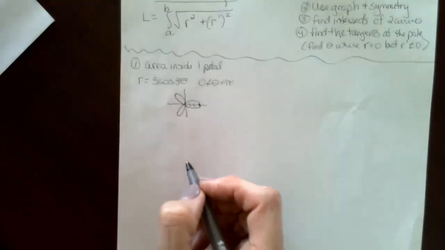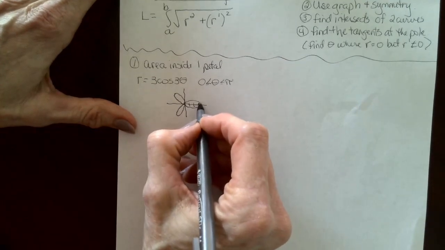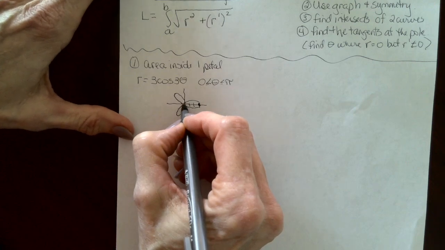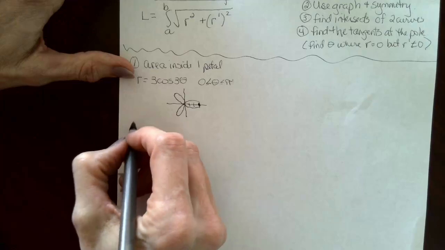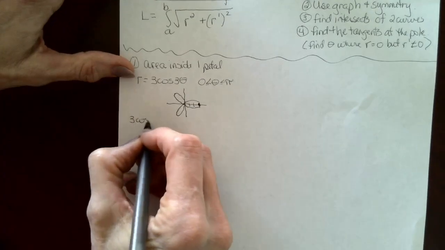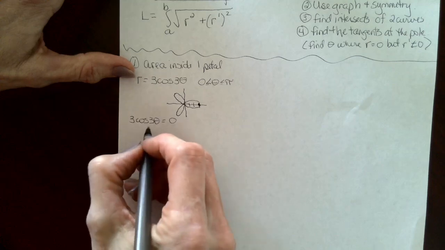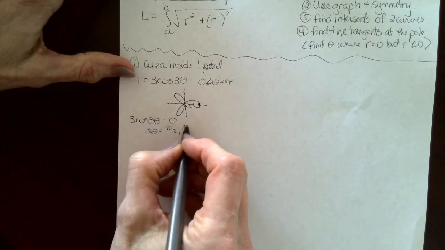For this one, I'm thinking, when we started at 0, that was that point right there. And then at some point, we were at the pole, which was where r was equal to 0. So if we don't remember, let's just set this equal to 0. So 3 cosine 3 theta equals 0. It's when 3 theta is equal to pi over 2, 3 pi over 2.